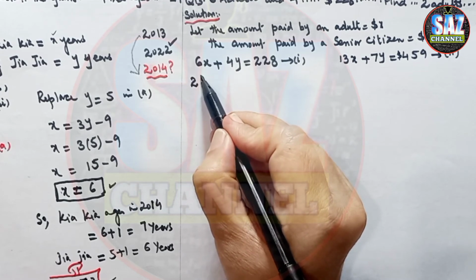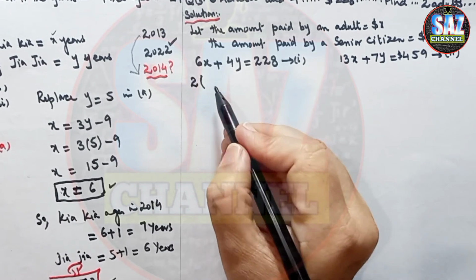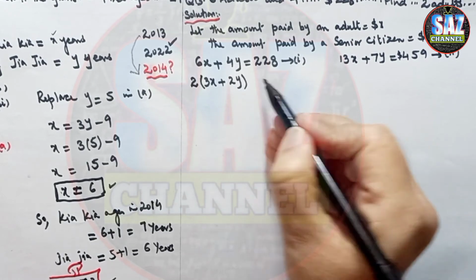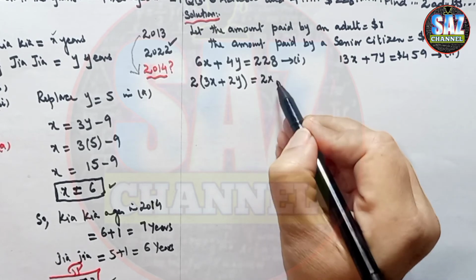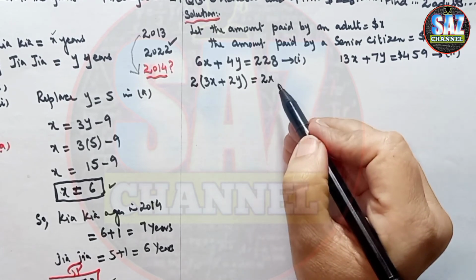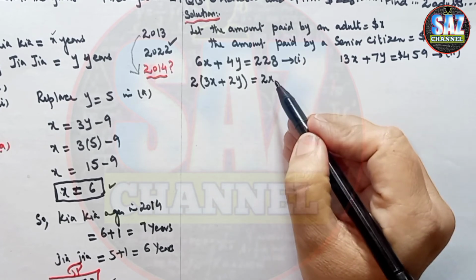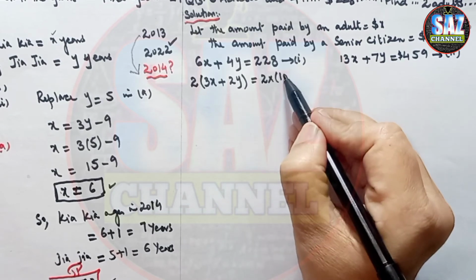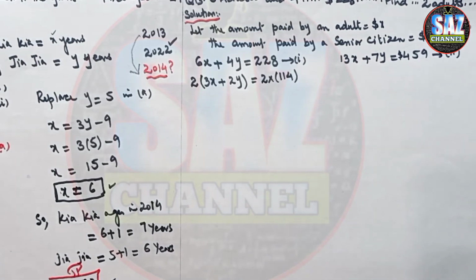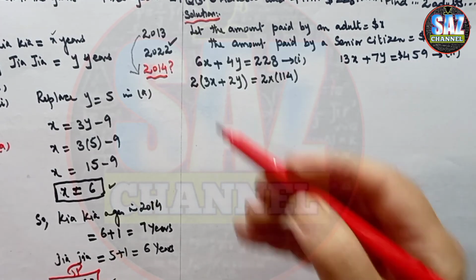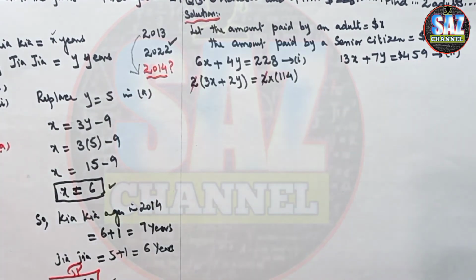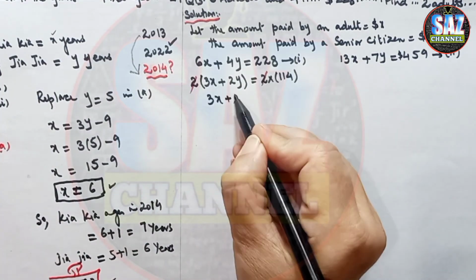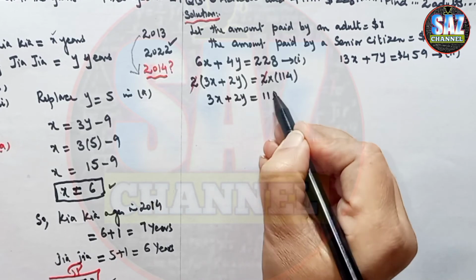If I take 2 as a common factor, my equation will take the form 2 into 3x plus 2y equals 2 multiplied by, now I have taken 2 as a common factor from 228, 2 ones are 2, 2 ones are 2 and 4s are... Now this 2 can be simplified with each other, and the equation will take the form 3x plus 2y equals 114.